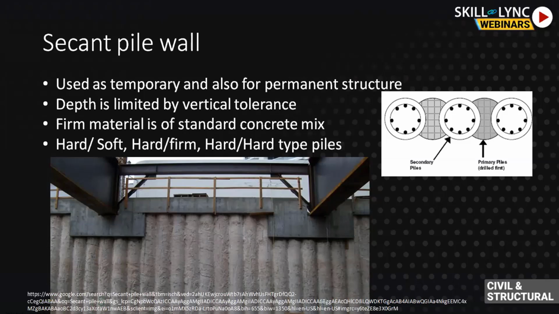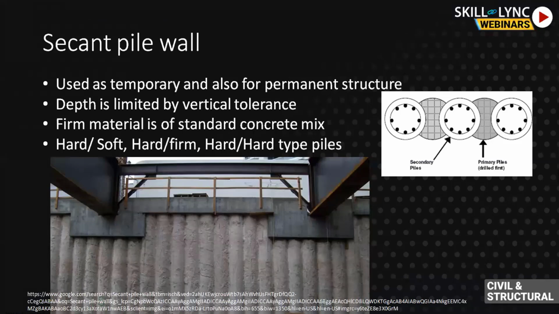For hard-hard piles, the primary and secondary piles can go up to a strength of M35 concrete. But in harder piles, to cut through the primary pile you need high torque rigs. Here also the vertical tolerance is one of the main things; for longer depths the piles have a chance to deviate from the alignment.